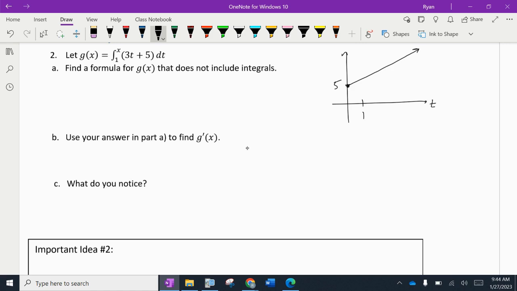It says 1 to x. And then again, the integral means find the accumulated area under that curve. So from here to there, we're supposed to find this accumulated area.